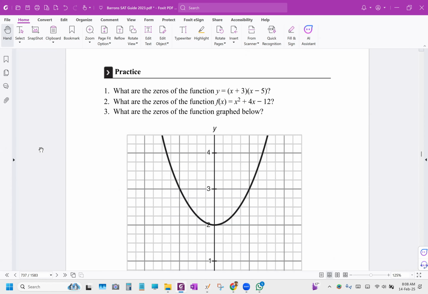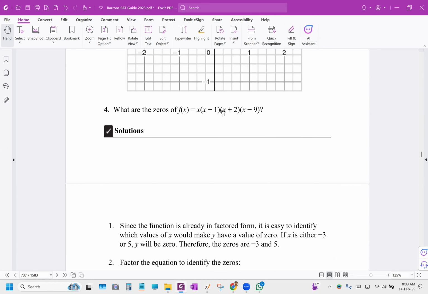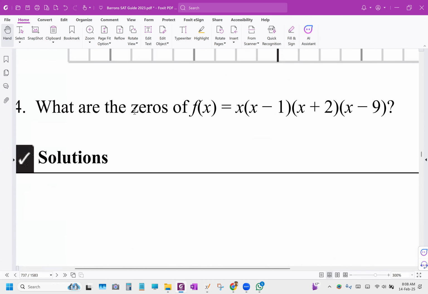So the x before the x minus 1, is it just 1? I'm asking about the x outside of the parentheses.